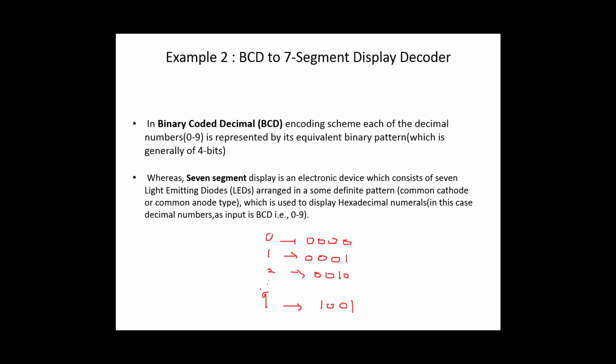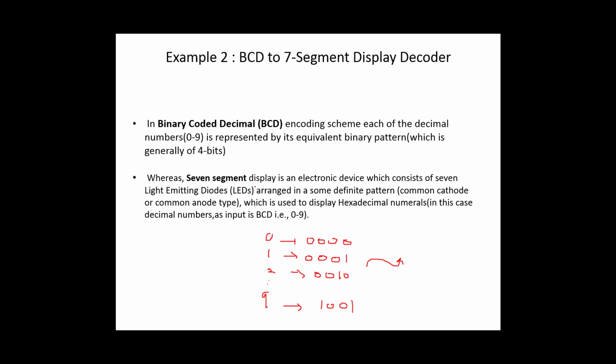Now our basic aim is to design a digital circuit, which is a combinational circuit, which converts this binary coded decimal representation into another representation such that it is easily displayed on a 7-segment display.